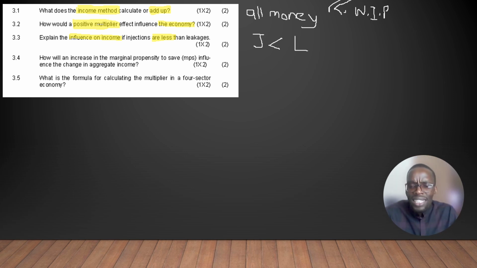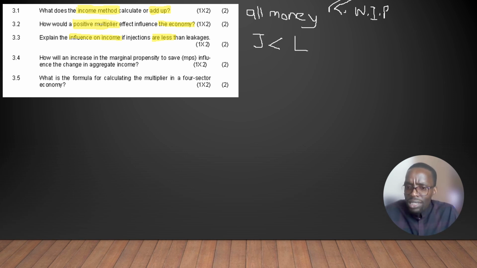So this question here is asking us for the influence on income if injections are less than leakages. What learners would generally have said there was that more outflows that result from leakages will lead to less income being generated by the economy, because it would now mean that we are going to have more money that is leaving the circular flow.